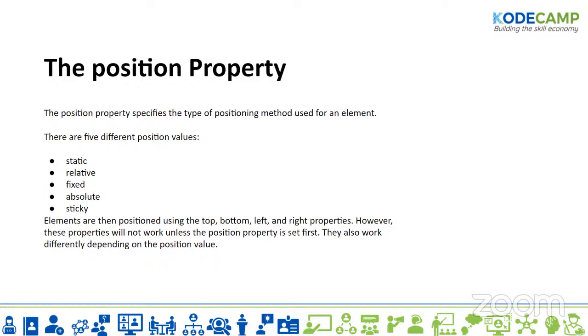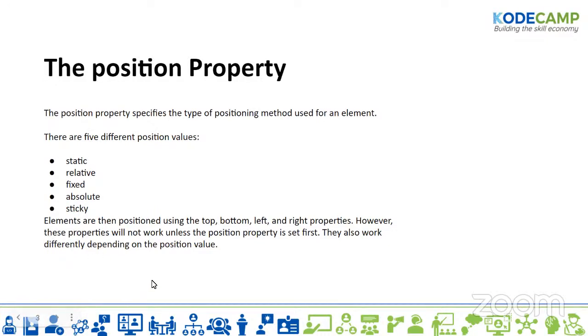By default, your HTML elements use the static position type. So you now have the option of changing to relative, fixed, absolute, or sticky. We'll look at how these work.